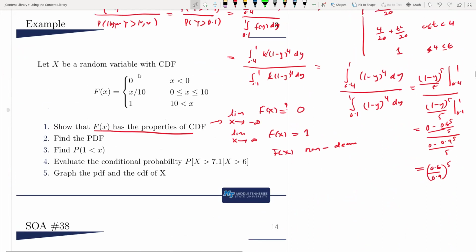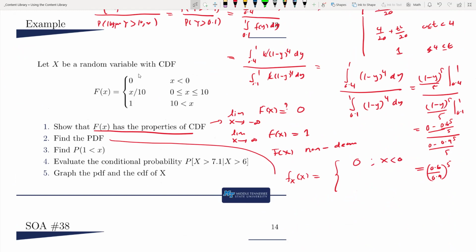Find the PDF. Basically, you differentiate. So fx, that would be 0 when x is less than 0. In between 0 and 10, it would be 1 over 10. When you differentiate x over 10, it would become 1 over 10. And then it becomes 0 when x is more than 10.